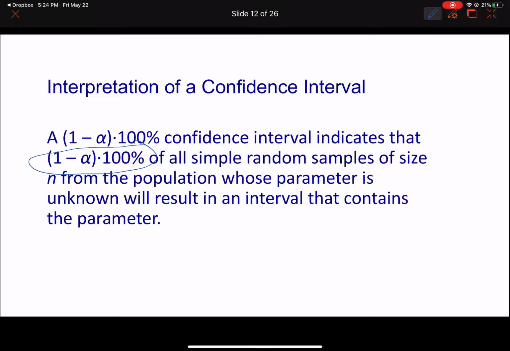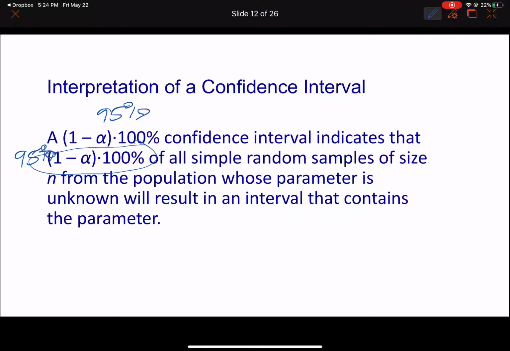all of the simple random samples, so if you have, let's just say, 95% confidence, 95% of all of the simple random samples of size n from the population, so let's say that my population is registered voters, and I took a sample of 100, and I'm looking for a 95% confidence.